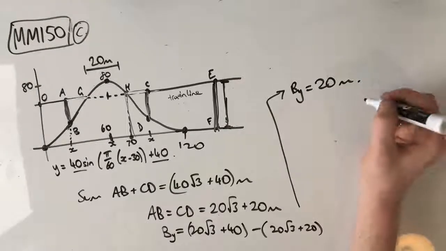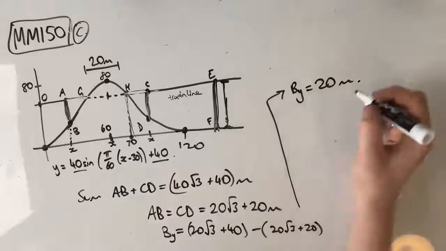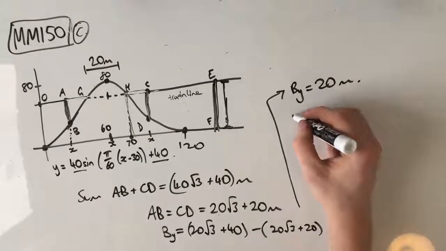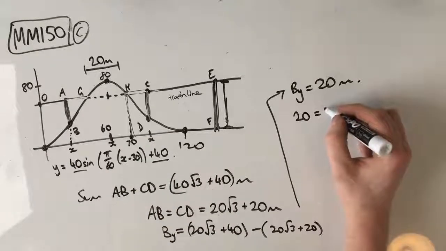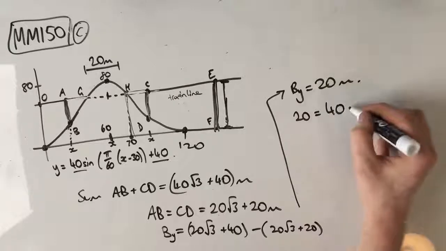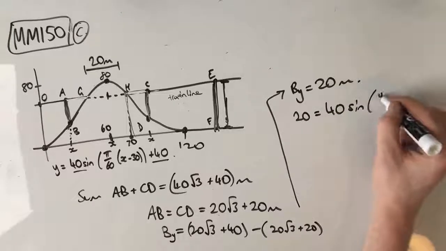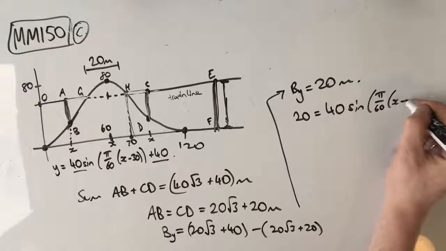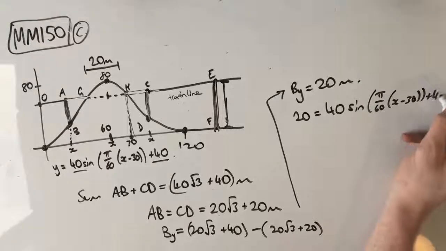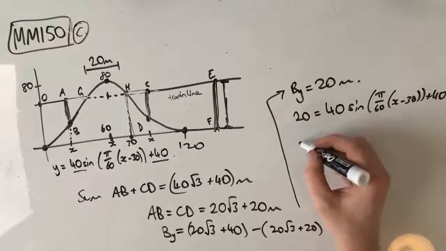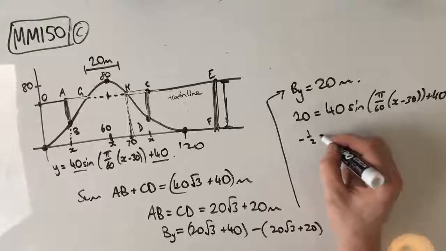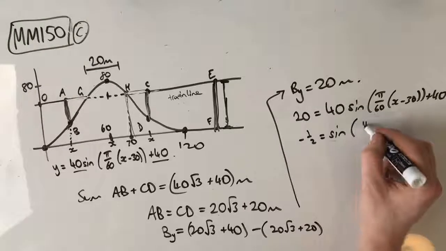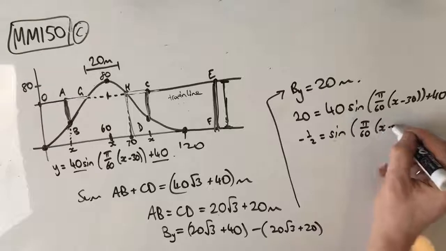Okay, so in order to find our x value at this point, we're going to have to sub this in to our original equation. So we know that the y value is 20, which means we can sub this into our original. We get pi on 60, x take 30 plus 40. Now where we go from here is we get to negative 1/2 equals sine of pi over 60, x take 30.